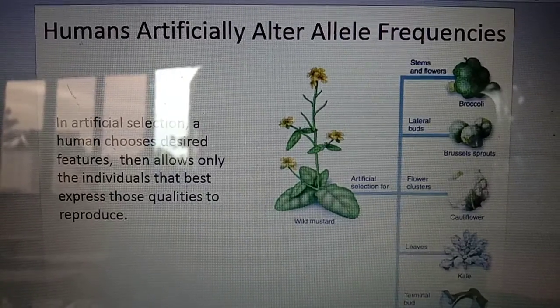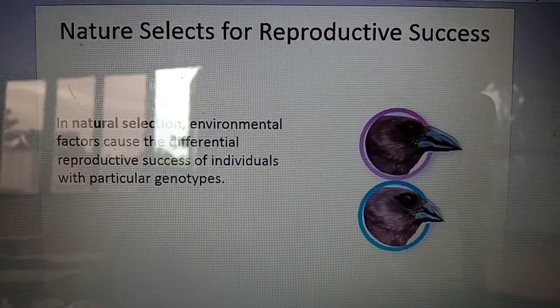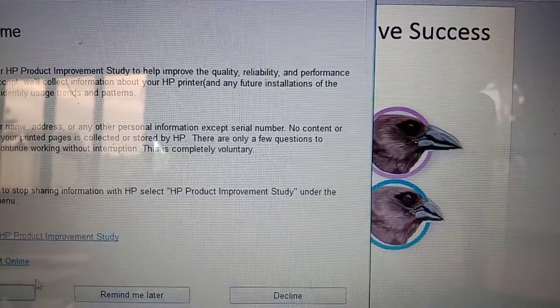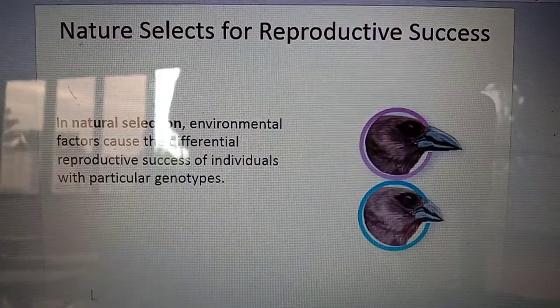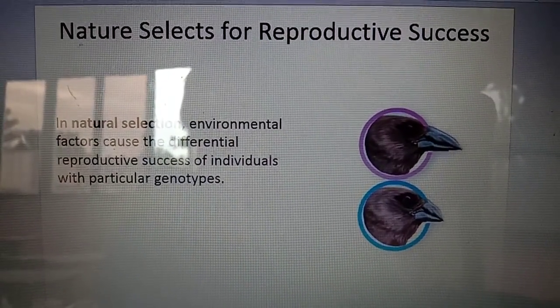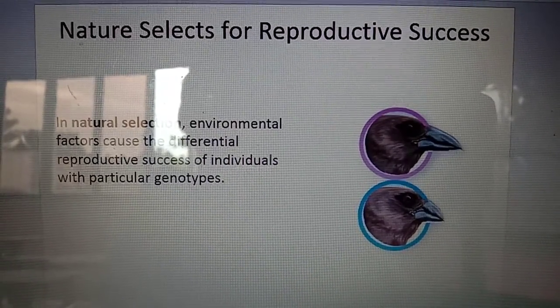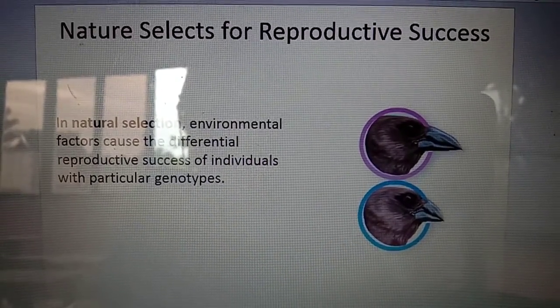So that is also artificial selection. In natural selection, environmental factors cause the differential reproductive success of individuals with particular genotypes.